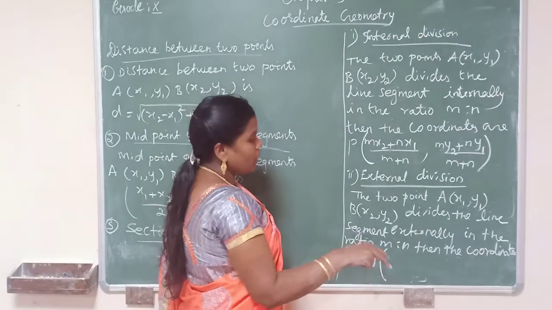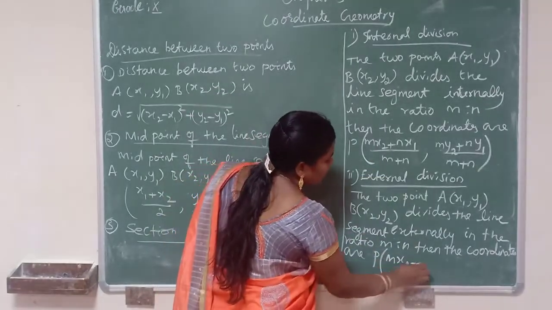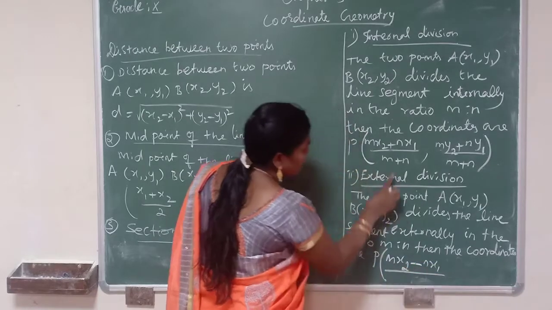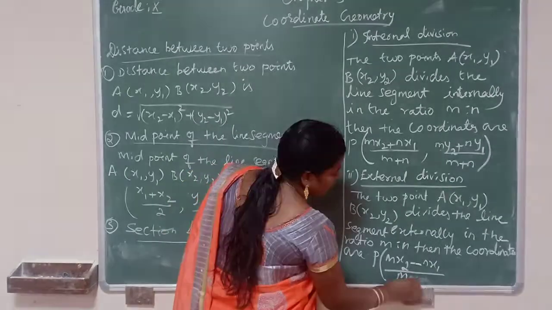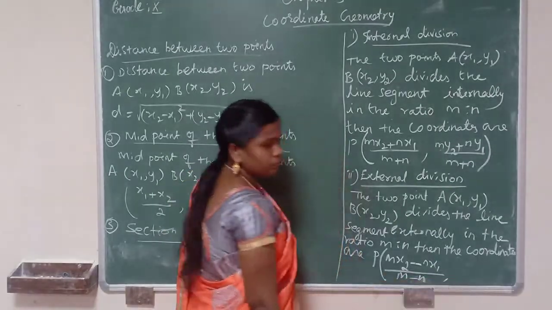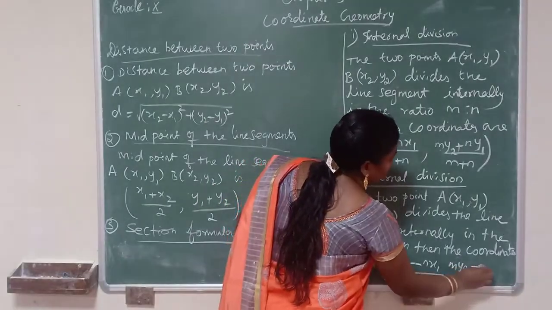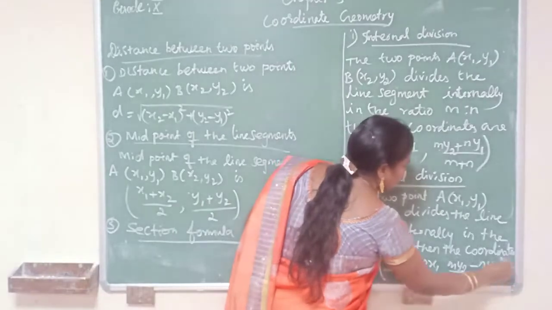So we have to use the minus formula: P of mx2 minus nx1 by m minus n, comma my2 minus ny1 by m minus n.